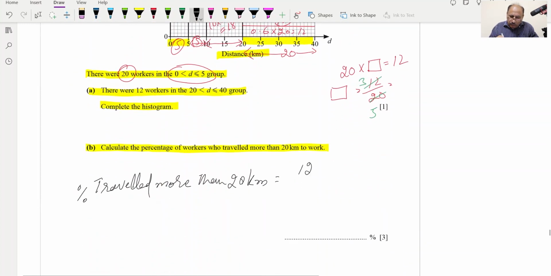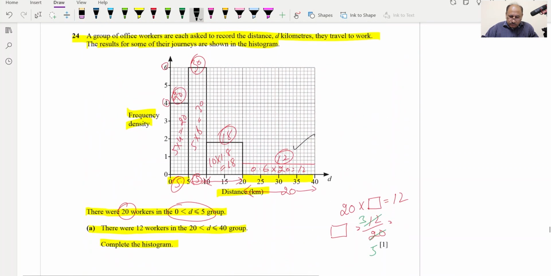So 12 over what, we can add 12 and then 18, then 30, then 20.